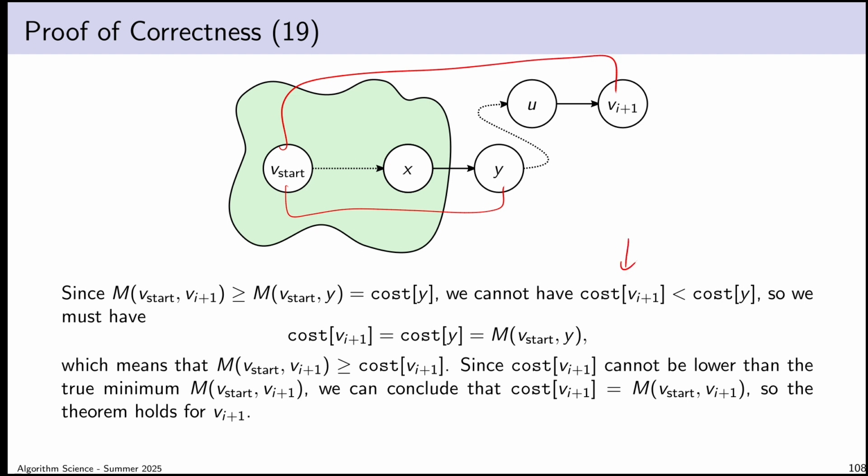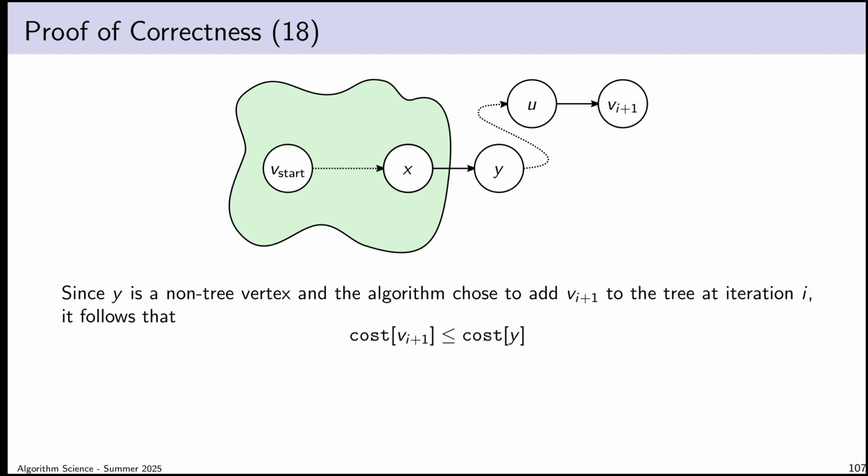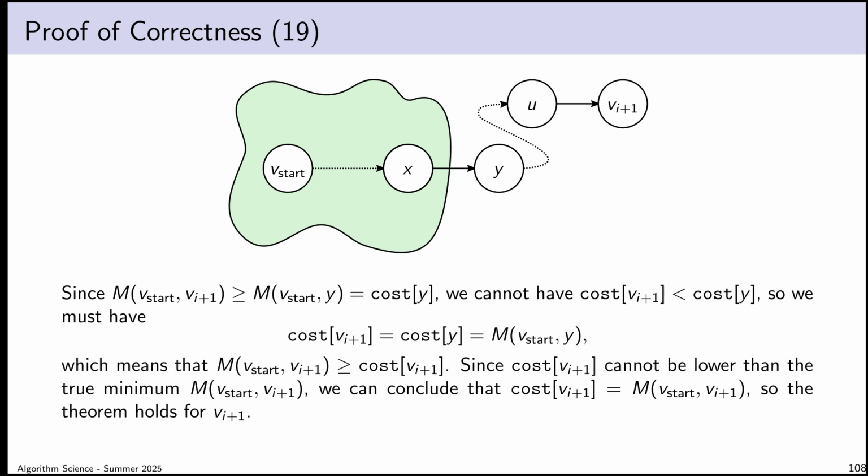In the cost array, we can't have cost of VI plus 1 less than cost of Y. And so we must have that the cost of VI plus 1 is equal to the cost of Y. In other words, as far as the question of why did we choose VI plus 1 instead of Y at this iteration, the answer was there was a tie. They both had the same cost, and we just chose to break the tie by choosing VI plus 1.